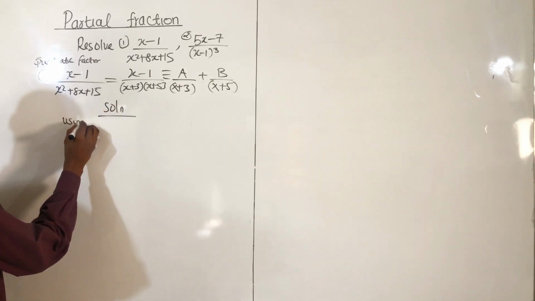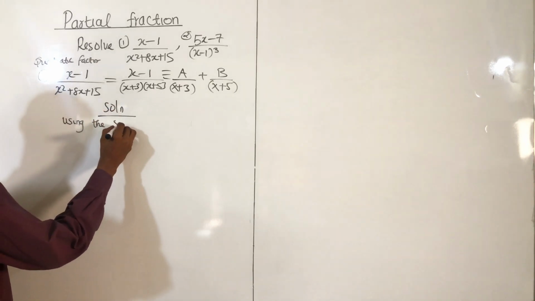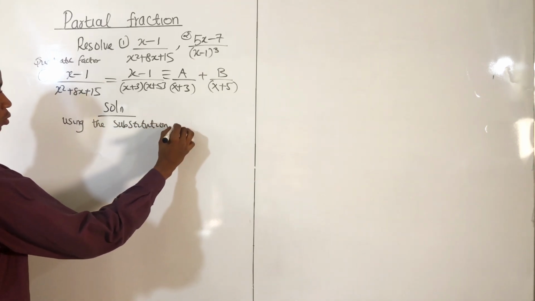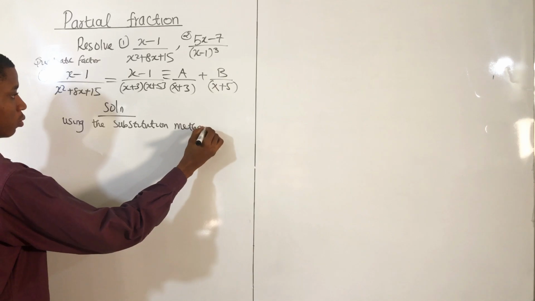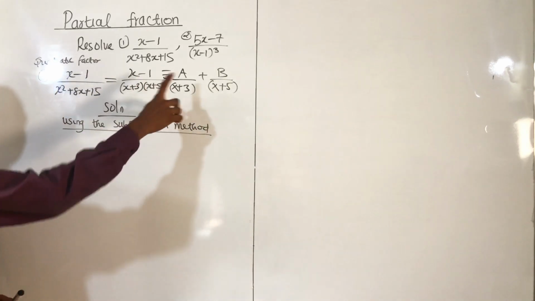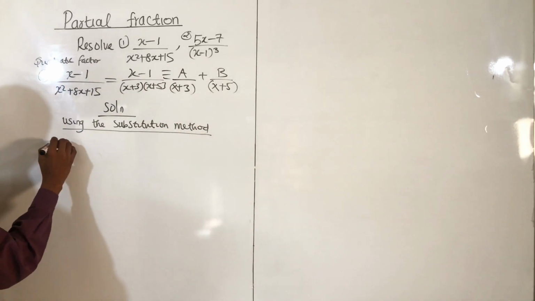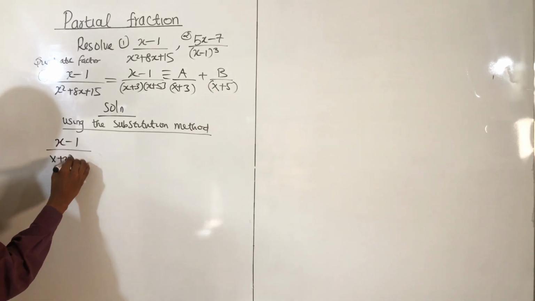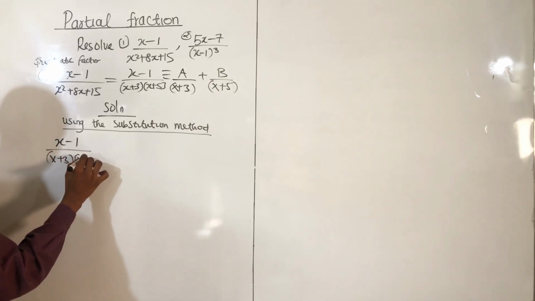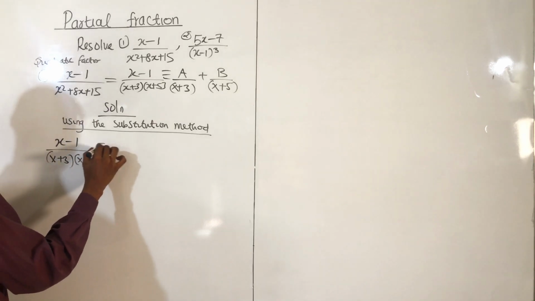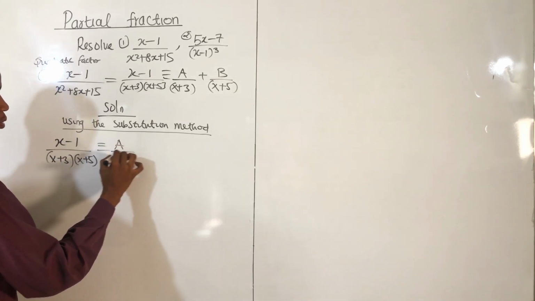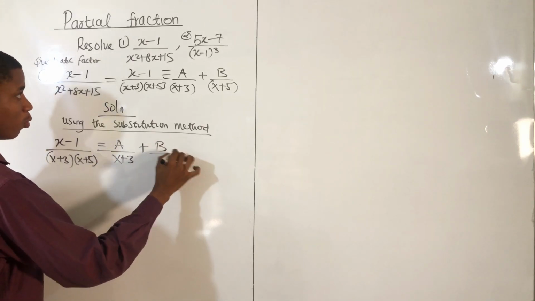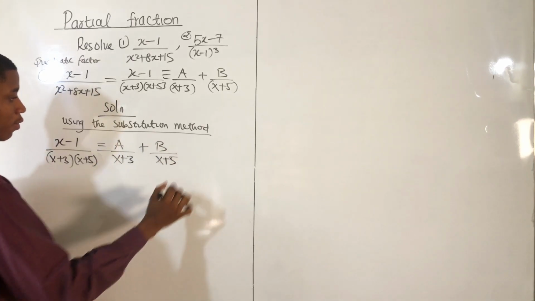Using the substitution method, we're bringing everything out. So we have (x-1) over (x plus 3)(x plus 5) assumed to be A over (x plus 3) plus B over (x plus 5).